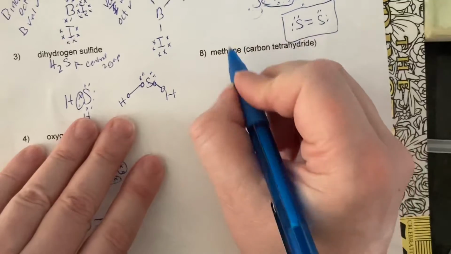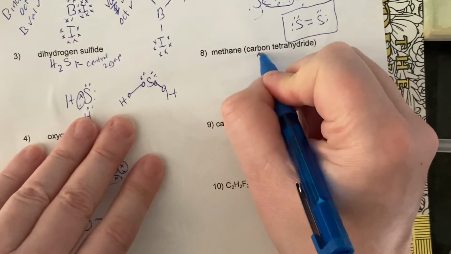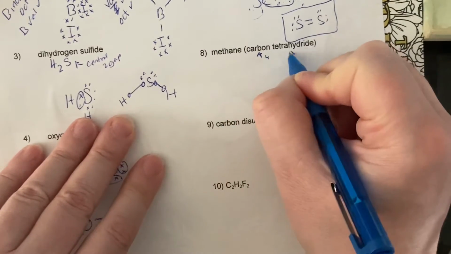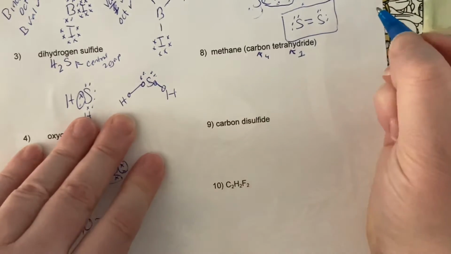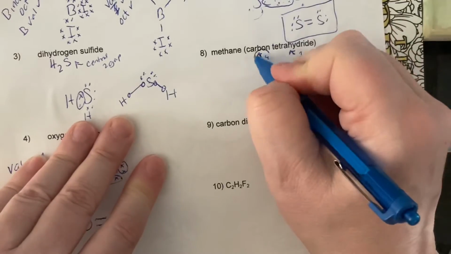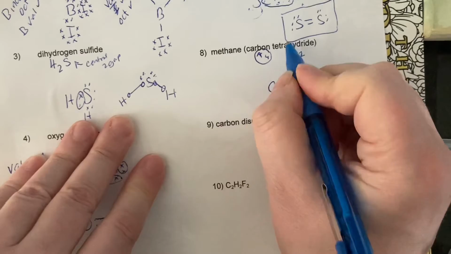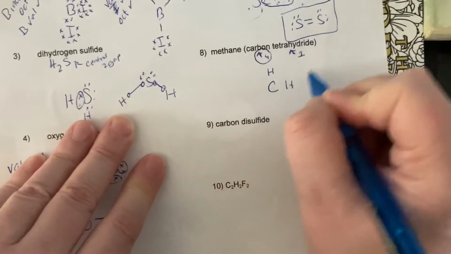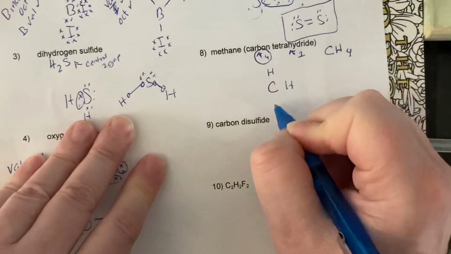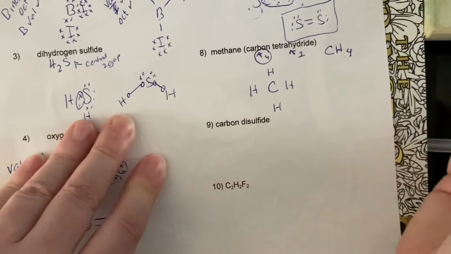Methane is carbon tetrahydride. Carbon has 4 gaps, so they can do 4 bonds. Hydrogen has 1 gap, or 1 bond, so the central atom is going to be the carbon. And there's 4 hydrogens, because tetra means 4. So I'm going to spread that around.